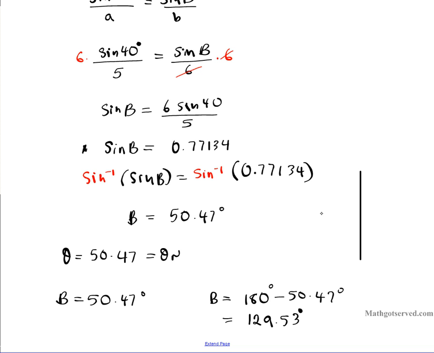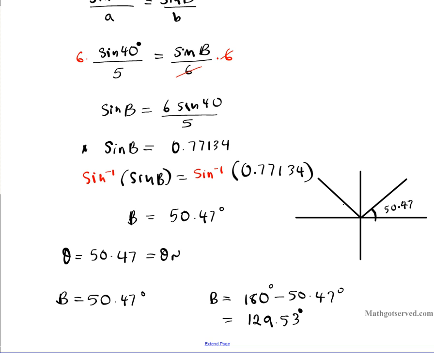Whenever you take the inverse sine, there are two possible answers. One is in the first quadrant, the second is in the second quadrant, because we know that sine is positive in both. The first B value that we got is 50.47.